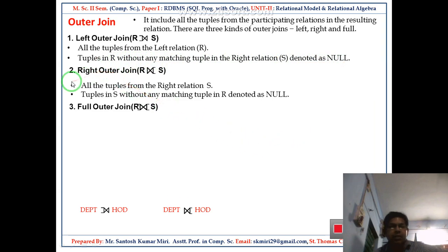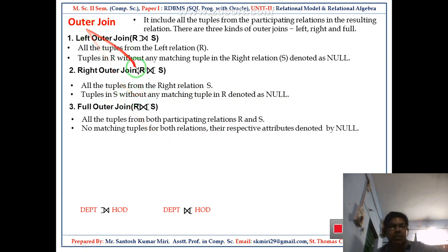In the right outer join, all the tuples from the right relation are included, and tuples in S without any matching tuples in R are denoted by null. It is just the opposite of the left outer join. The combination of left and right outer join is known as full outer join.